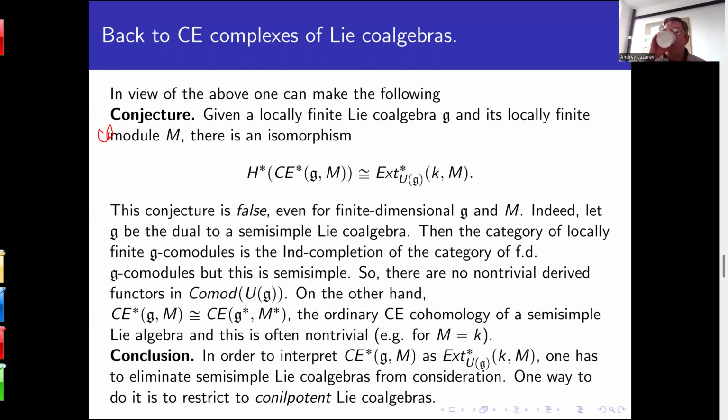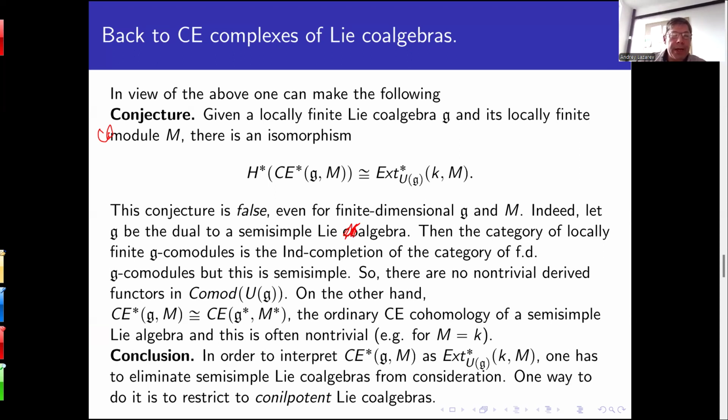Indeed, let's consider the following situation. G, the Lie coalgebra, is just the dual to a finite dimensional semi-simple Lie algebra, such as SL2.